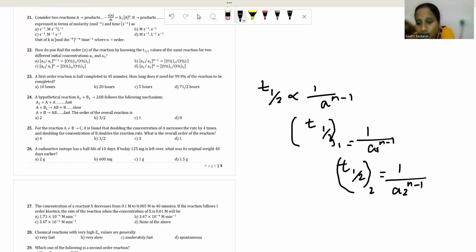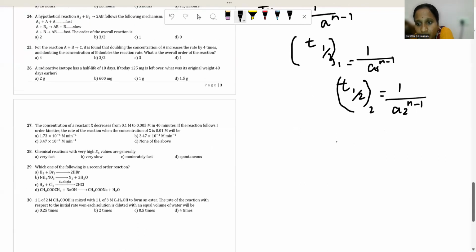Now these two equations, this equation and this equation, you have to divide. This is considered to be equation 1 and this is equation 2. So divide equation 1 by equation 2. What do you get if you divide equation 1 by equation 2?